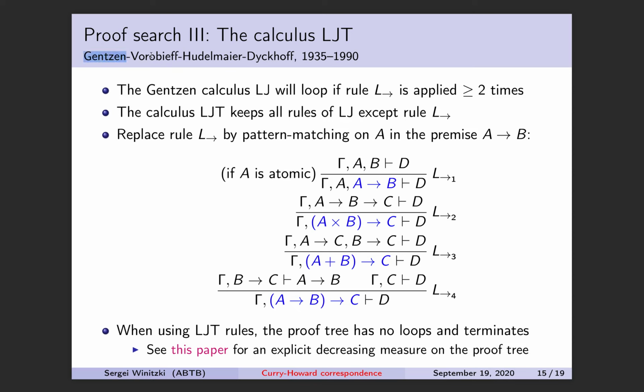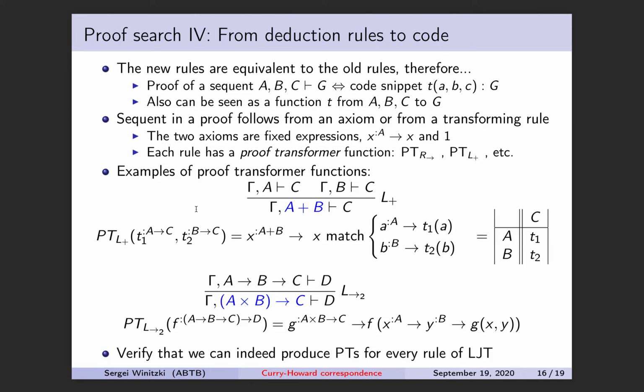I'm just mentioning the main mathematicians who worked on this during this time, from Gentzen to Vorobyov to Hudelmeier and Dyckhoff. These are publications that you can find, but the Dyckhoff paper shows this final algorithm LJT, that is a final kind of improved form of the initial algorithm LJ. The new rules are equivalent to the old rules.